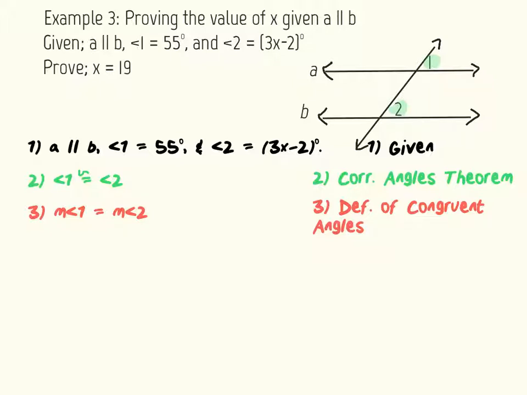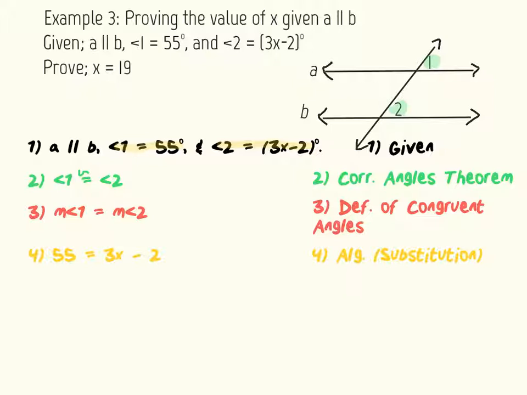Now that I have my angle measures, I can plug in what I know, which I know that angle 1 is 55 and angle 2 is 3x minus 2, so put them in where they belong. So that gives me 55 equals 3x minus 2, and that is by the algebra substitution property.